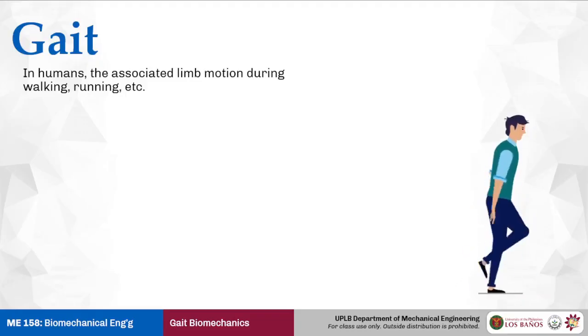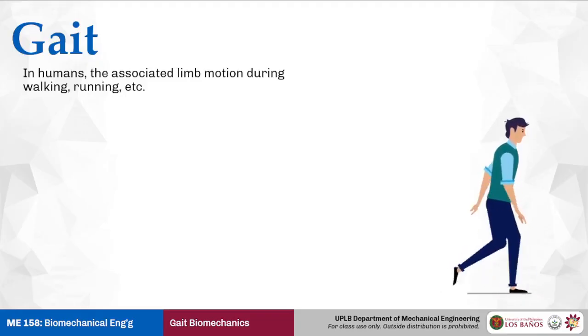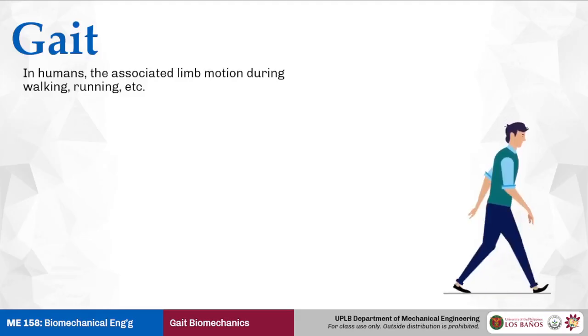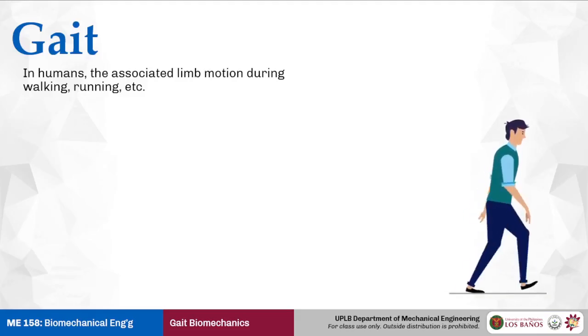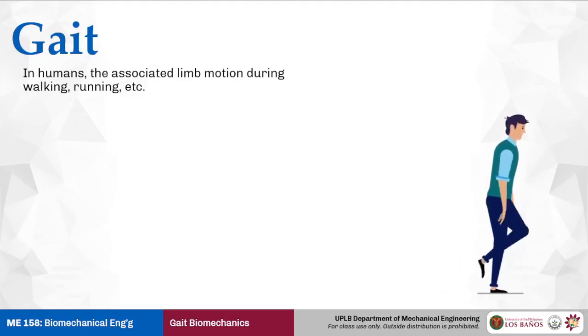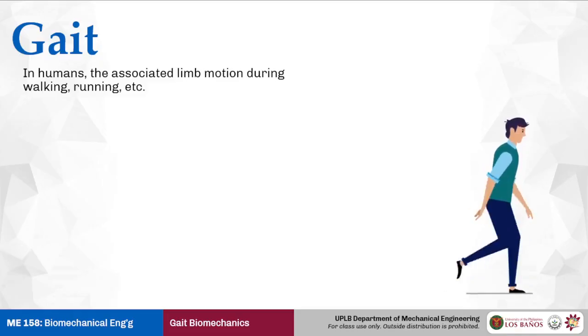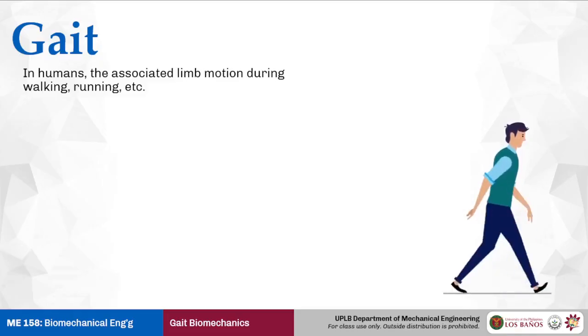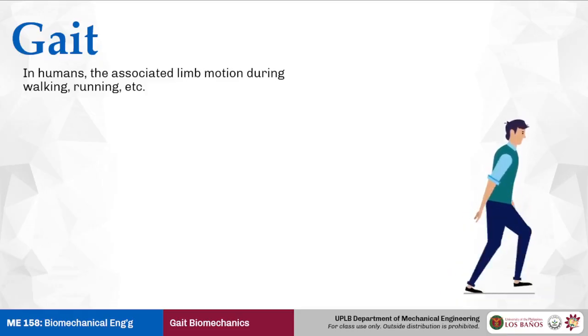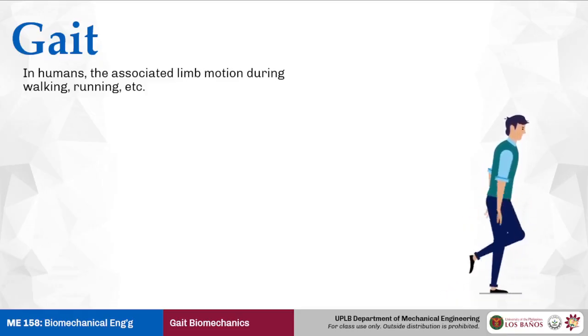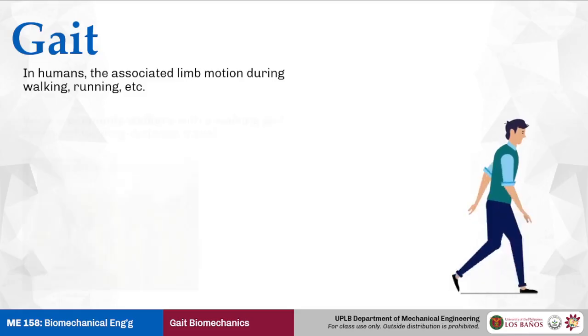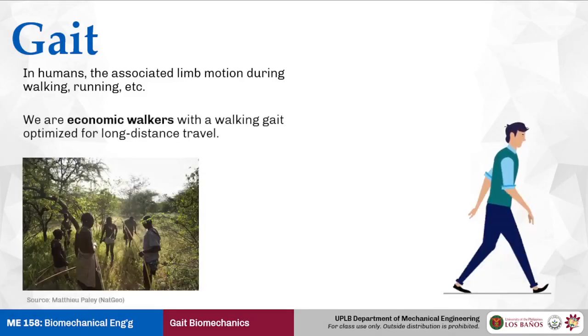So when we talk about gait, especially in humans, this is the associated sequence of motions when we're walking and running. So for humans, this is strictly for the legs, although the arms and the rest of the body do play a part in healthy motion. So for humans, we are actually economic walkers.